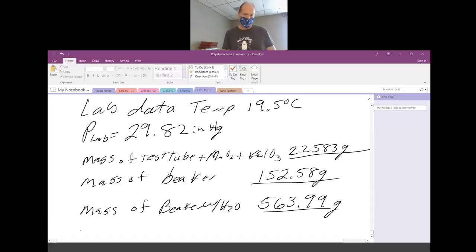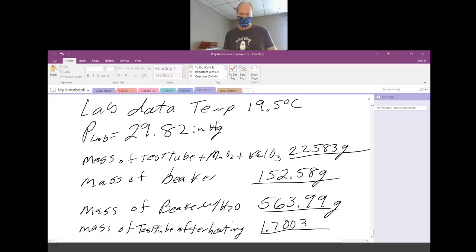And then the mass of the test tube after heating. And that had a mass of 1.7003 grams. All right, and so now it says calculate R.